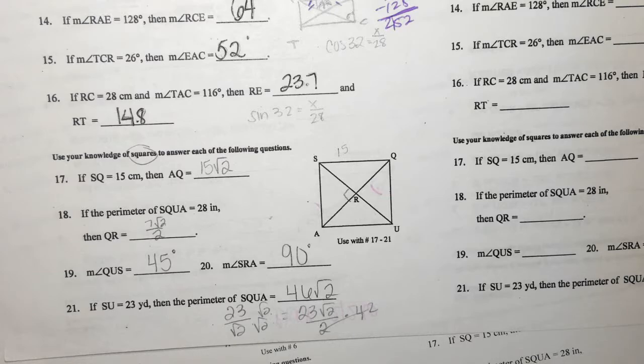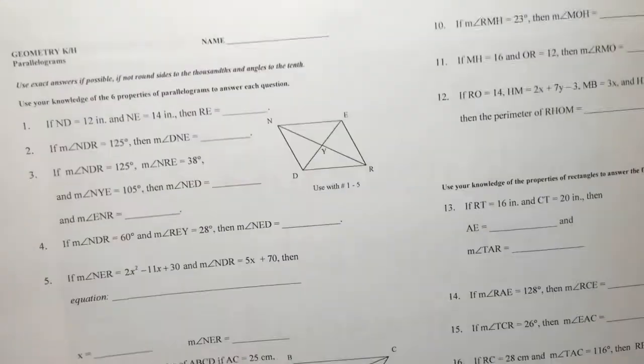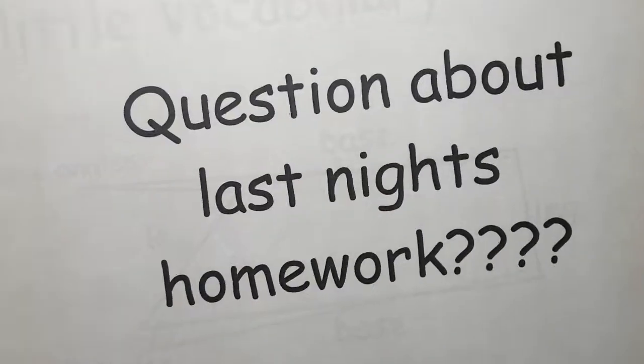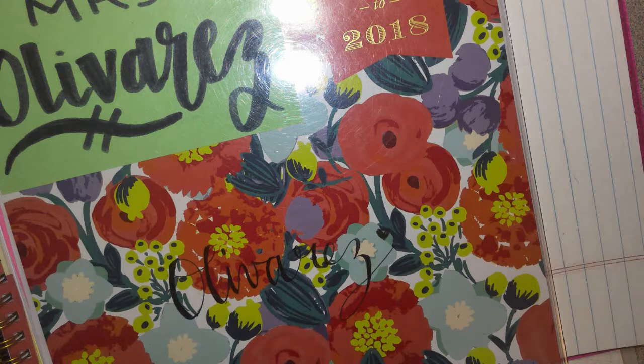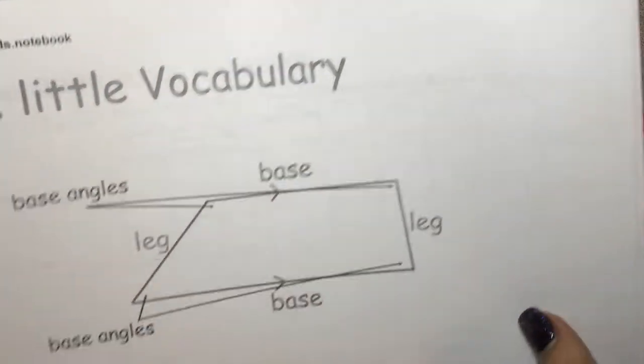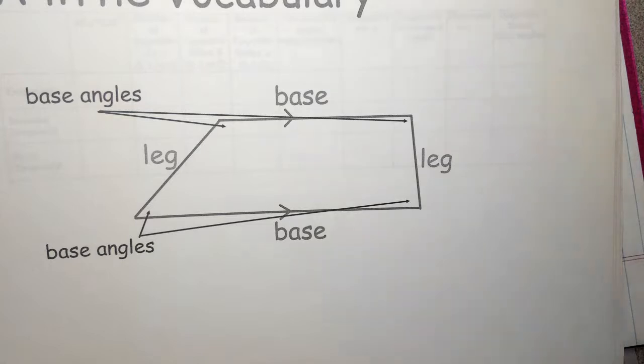All right. Put away your homework. And today we are learning about trapezoids. Open up to page 45 in your notes, label it trapezoids, and copy this down, please.